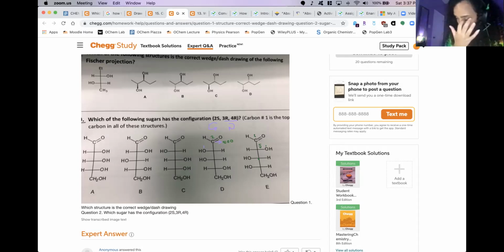This takes too much work. I'm just confused. From what I'm gathering, whenever you're numbering them, I know the S is counterclockwise, the R is clockwise. But how do you determine the order? How do you know where you're going?